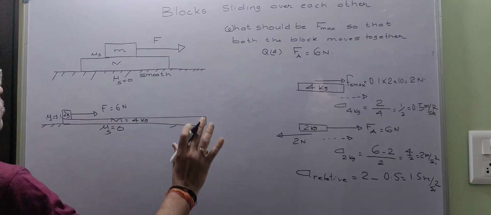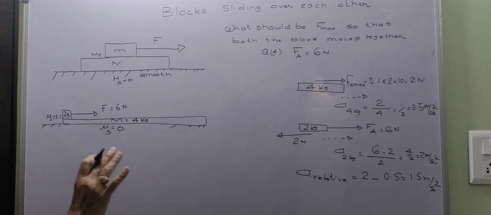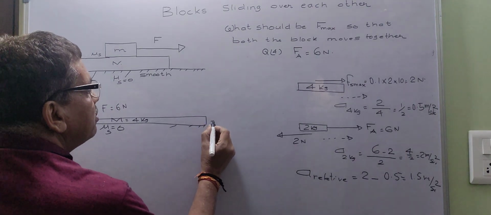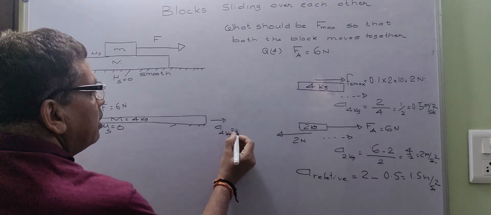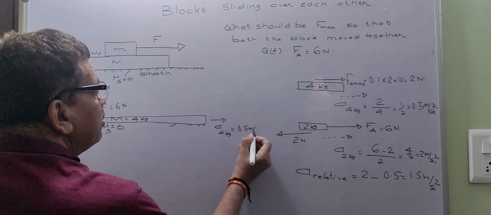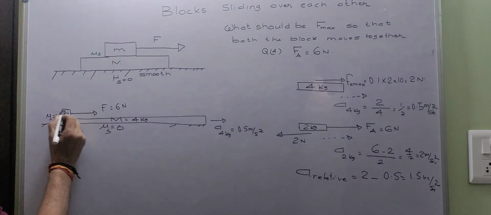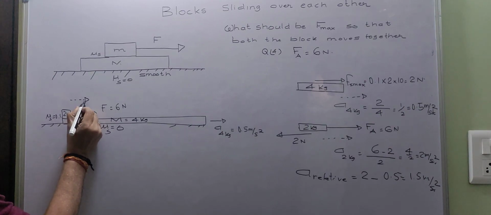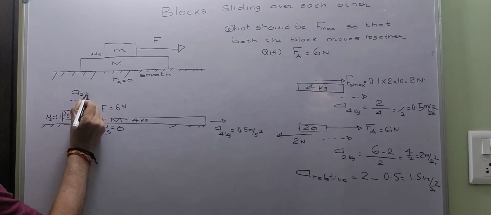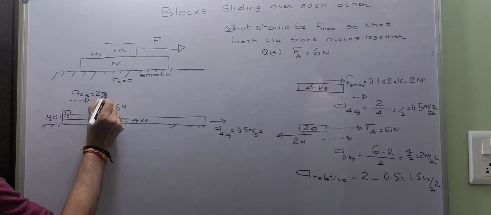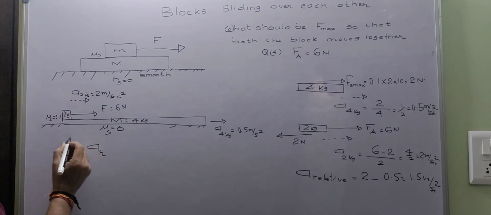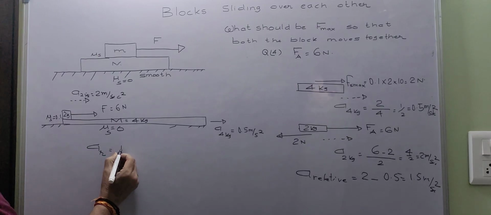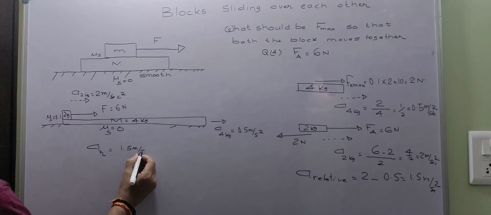Now in this case we have already seen the lower block will have fixed acceleration. The acceleration of the 4 kg will be 0.5 meter per second square, and the upper block, A of 2 kg, will have 2 meter per second square. So the relative acceleration will be equal to 1.5 meter per second square.